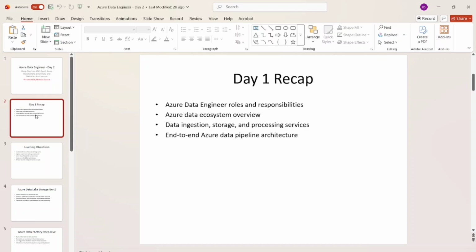Today we'll move beyond the basics and focus on the key services used to build a modern data platform on Azure. By the end of this session, you will understand how Azure Data Lake Storage Gen2 works, the architecture and components of Azure Data Factory, the fundamentals of Azure Databricks, Medallion architecture, and security and governance best practices.